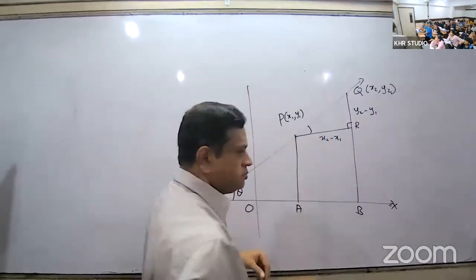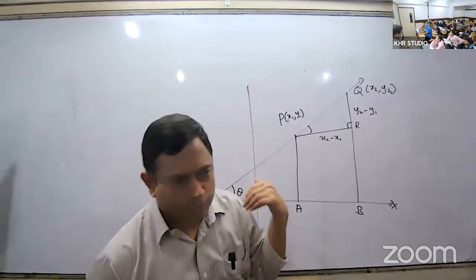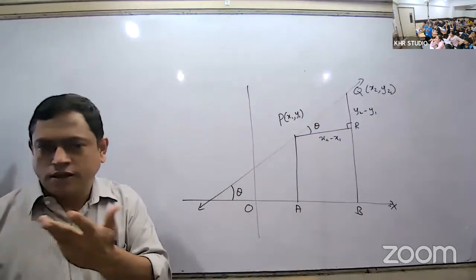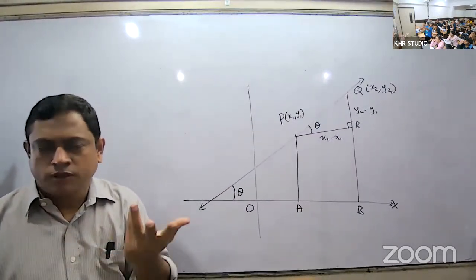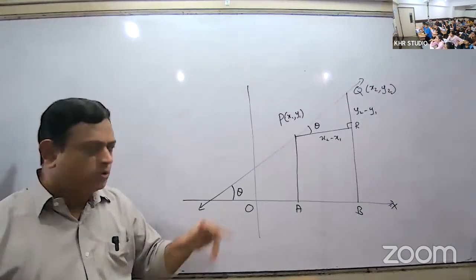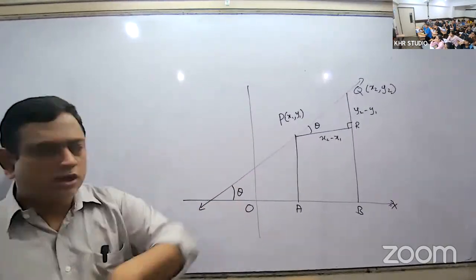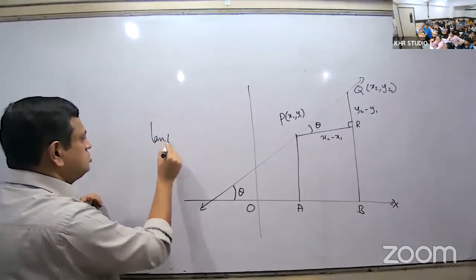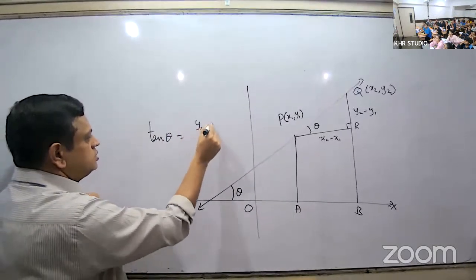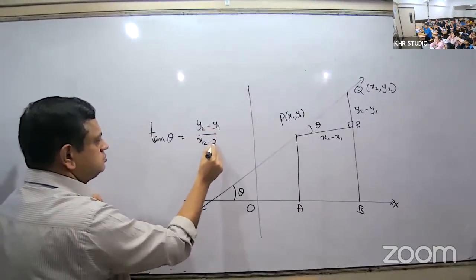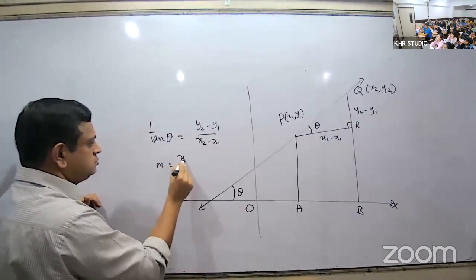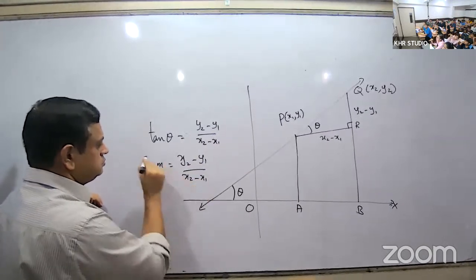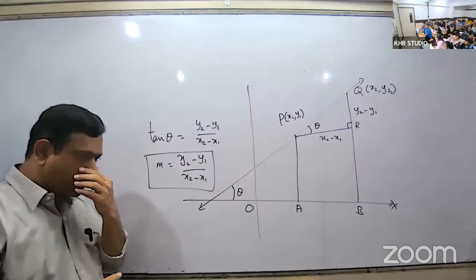What is this angle? Parallel, na? Tan theta, you know how to find out? Tan theta is perpendicular upon base. Therefore, tan theta is equal to, what is the formula you got? y2 minus y1 upon x2 minus x1. So M is tan theta.